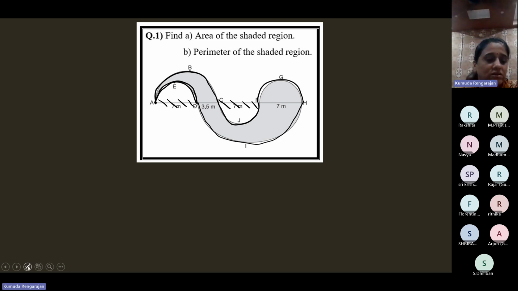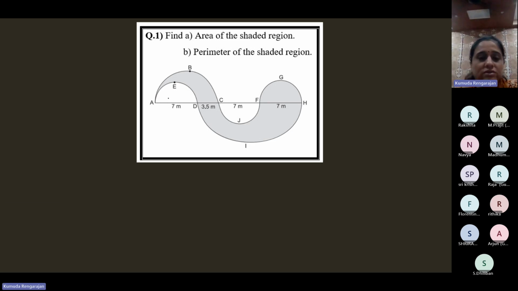Now let's discuss the radius in each case. What is the radius of this semicircle, children? 3.5, ma'am. 3.5 or 7 by 2. What is the radius of this semicircle? Just tell me something by 2. 17.5 by 2.